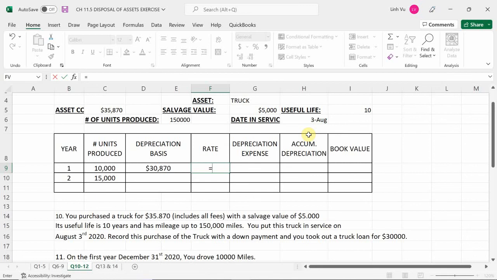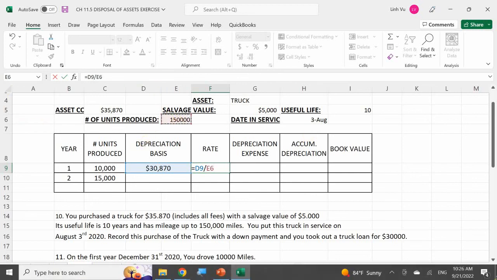So, okay, the per unit rate is going to be your depreciation basis divided by your total number of units that you can produce. So in this case, how many miles can I drive in grand total? 150,000. So what is 30,870 divided by 150,000?